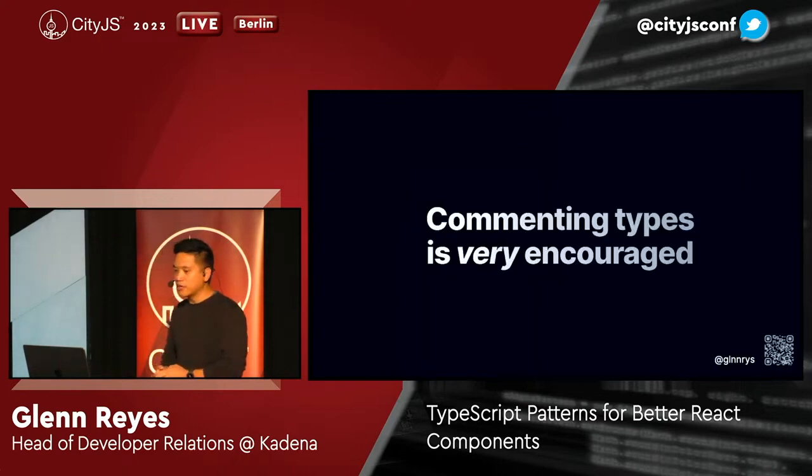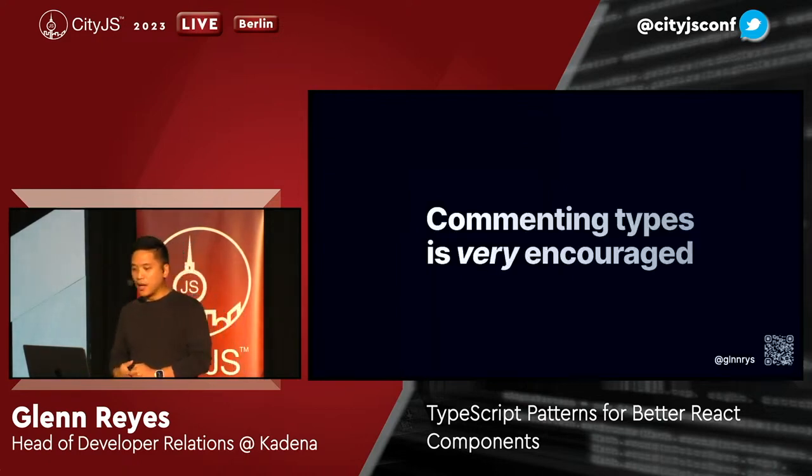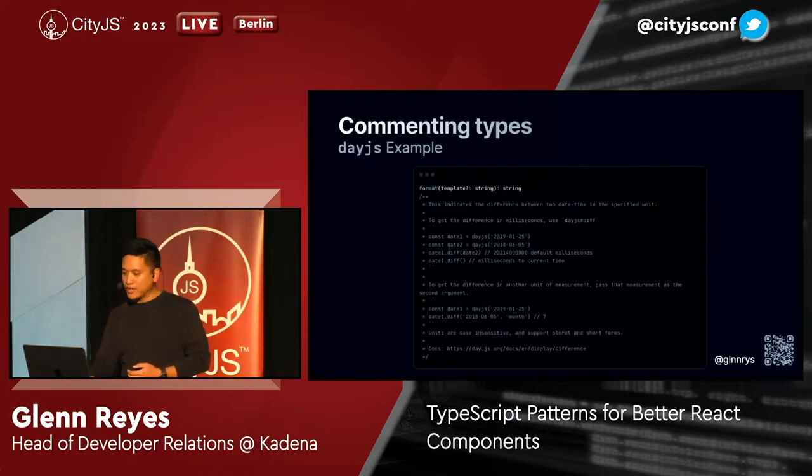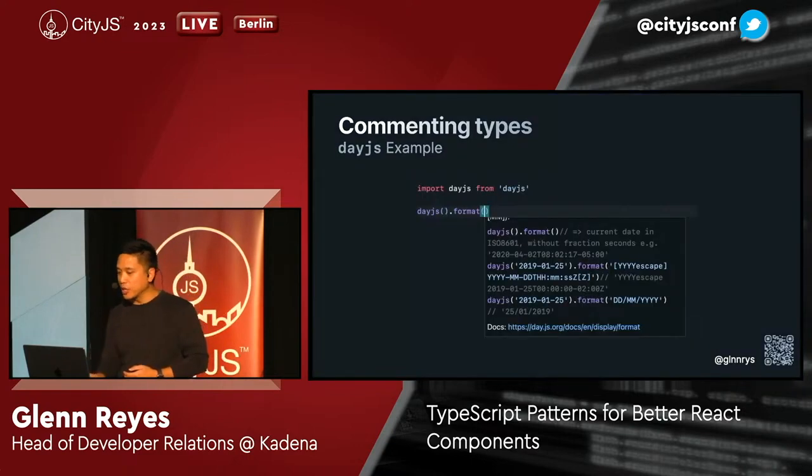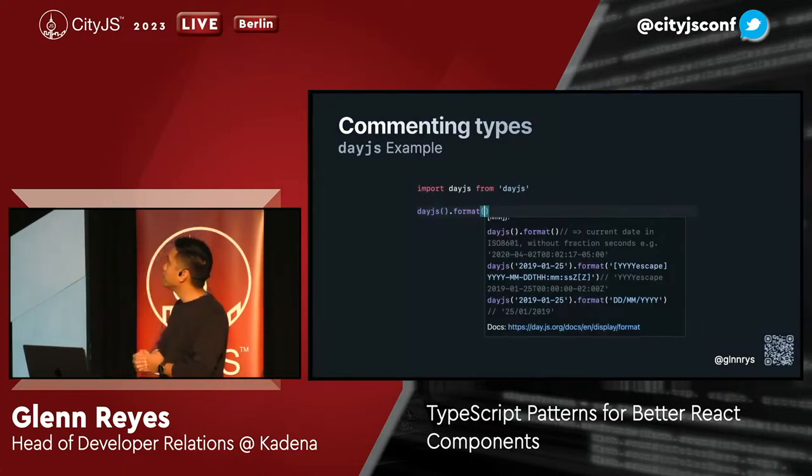Something very underrated, I think, is commenting types. My favorite example is the one from Day.js, because it has an API called format. What I often do is I just use it, and I don't know the actual shorthands, but I know that they have a link, and I click on this link and then I actually get there.